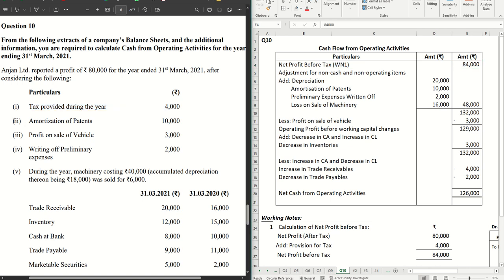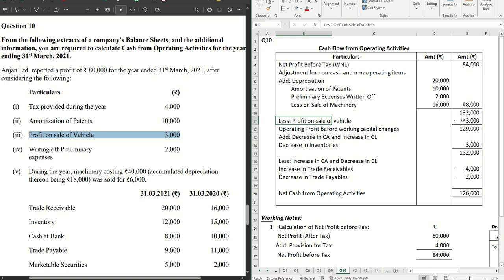The next item is amortization of patents, 10,000, straightforward, given in the question. So that goes into your adjustment for non-cash and non-operating items, 10,000 here. That gets added as an expense. Profit on sale of vehicle, 3,000, gets subtracted from this adjustment only.